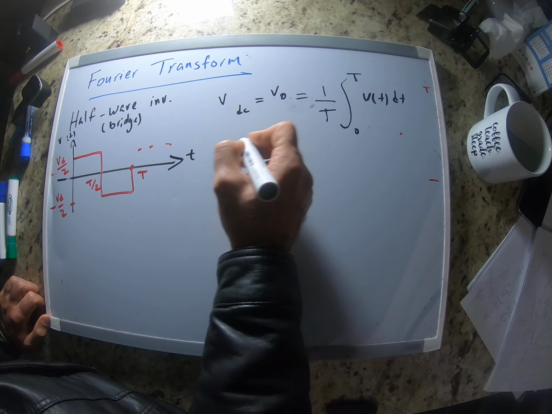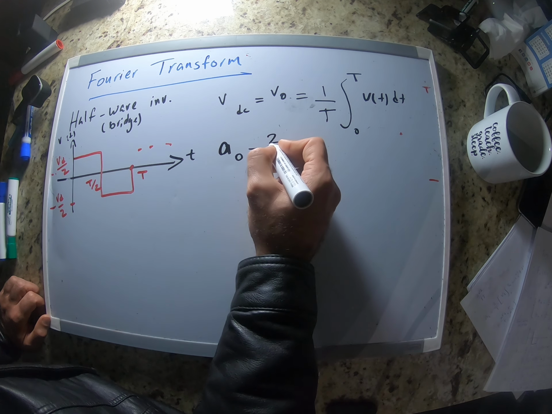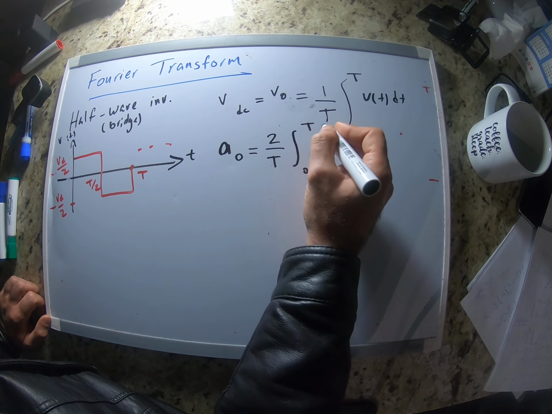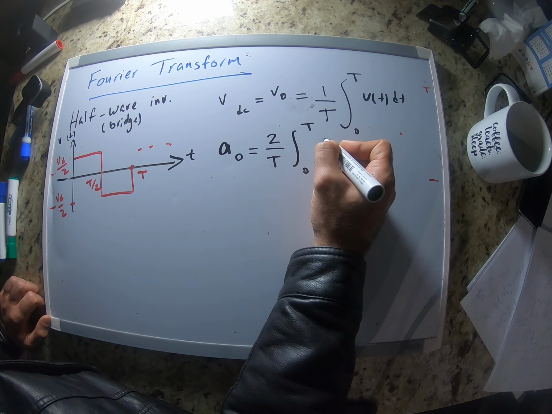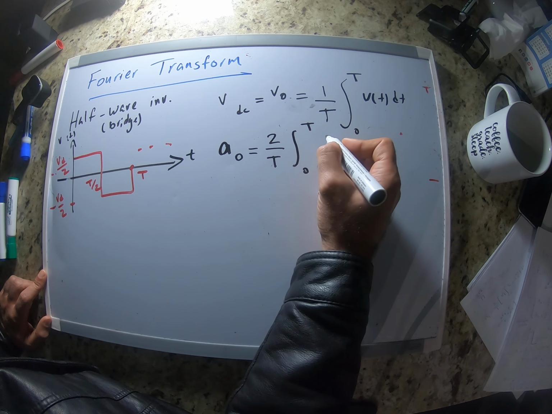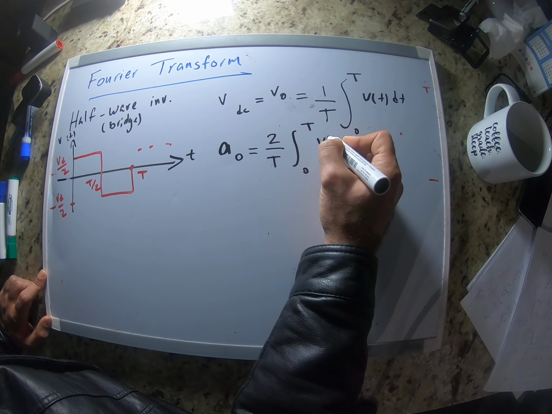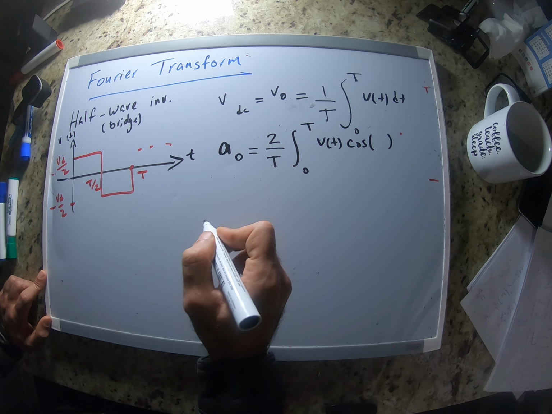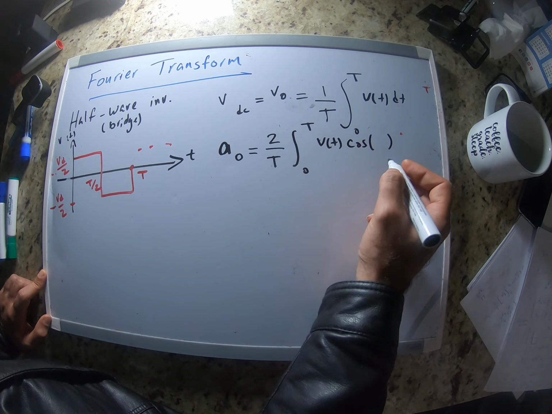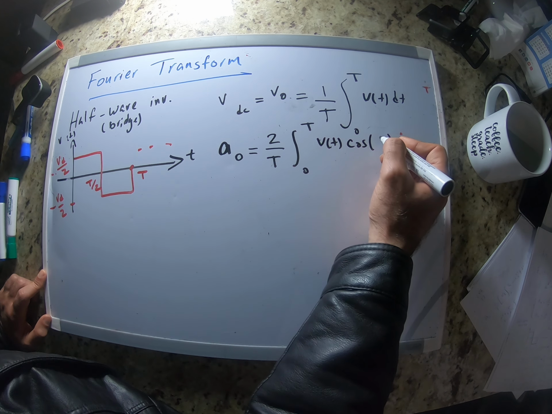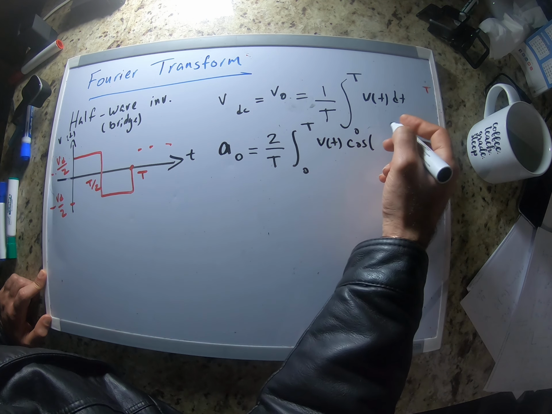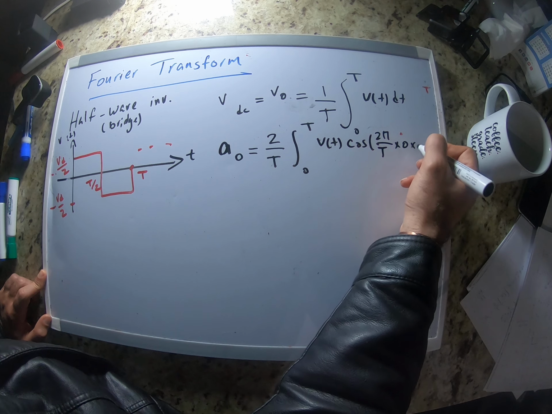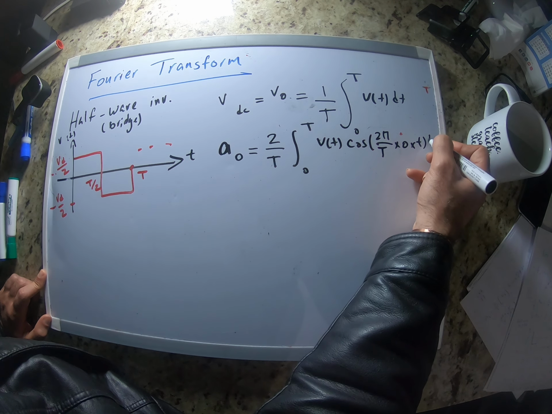A0, according to the formula, is 2 over T integral from 0 to T of V of t cosine of 2 pi over T times n, which is 0, times t dt.